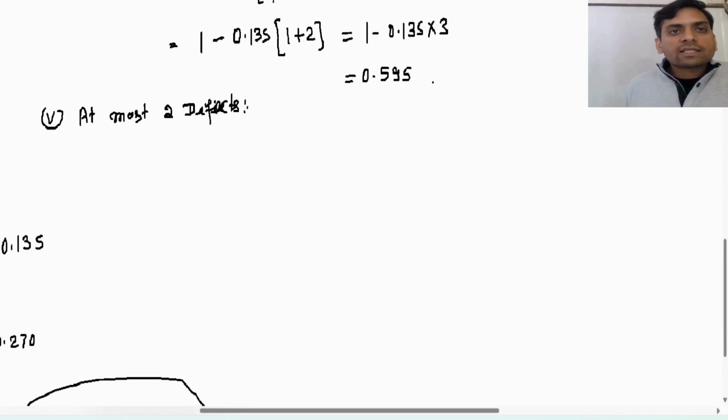So how will you solve this at most 2 defects? At most means maximum 2. This may be 0, no defect. This may be 1 defect, or this may be 2 defects.